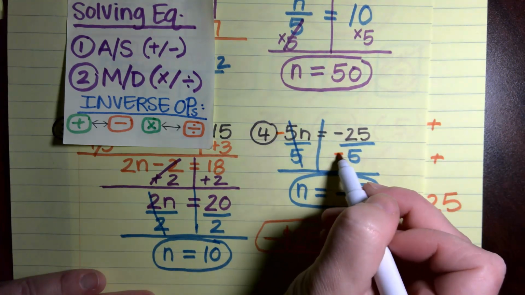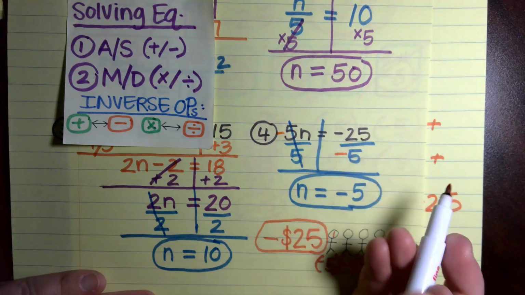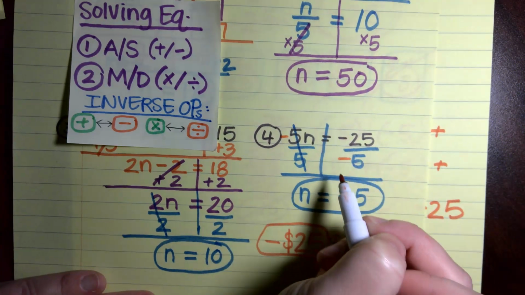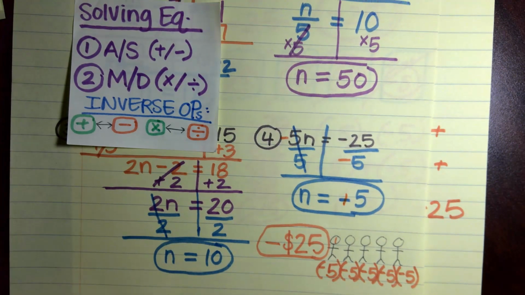Because then if I took -25 divided by -5, these two minuses would come together and turn into a plus. So different signs give you a negative answer, same signs give you a positive answer.